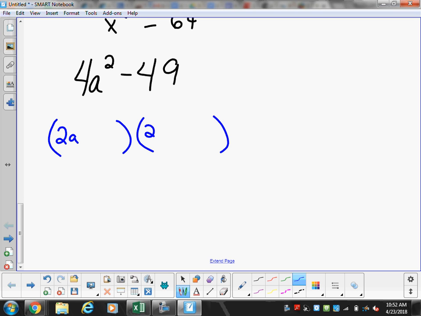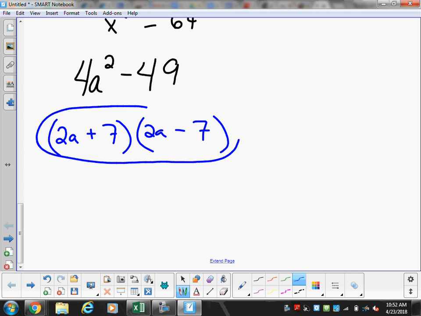That goes in the front of both parentheses. I take the square root of the 49, which is 7. That goes in the back of both parentheses. And then you just put opposite signs in each of them. So make one of them positive, one of them minus. It doesn't matter if the minus comes first or second, as long as there's one of each.